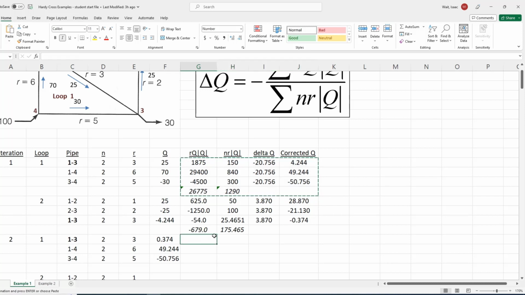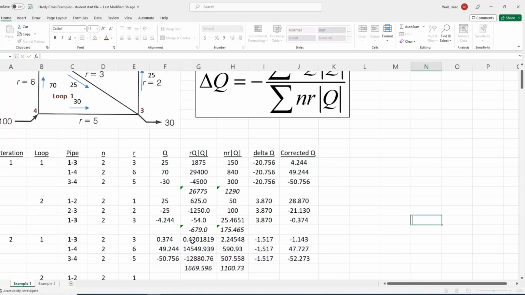I'm going to paste it down here so that it calculates the R times Q times absolute value of Q, calculates the N times R times absolute value of Q. It sums up the 3 terms above it for both of those. It calculates the delta Q for each one and the updated flow rate.